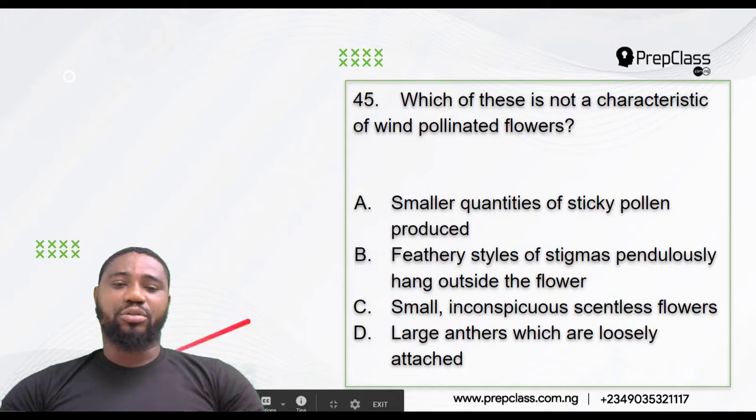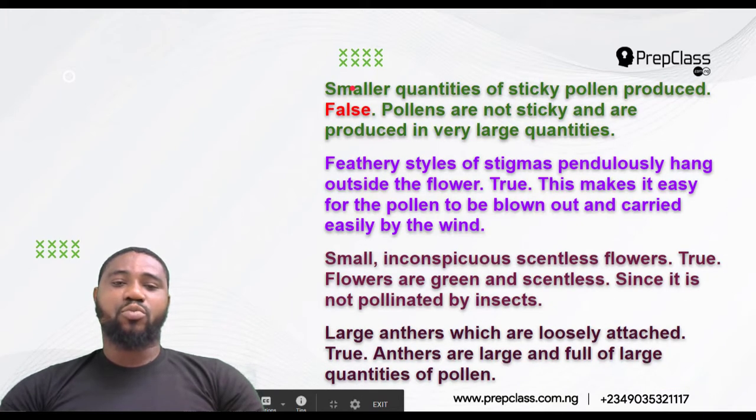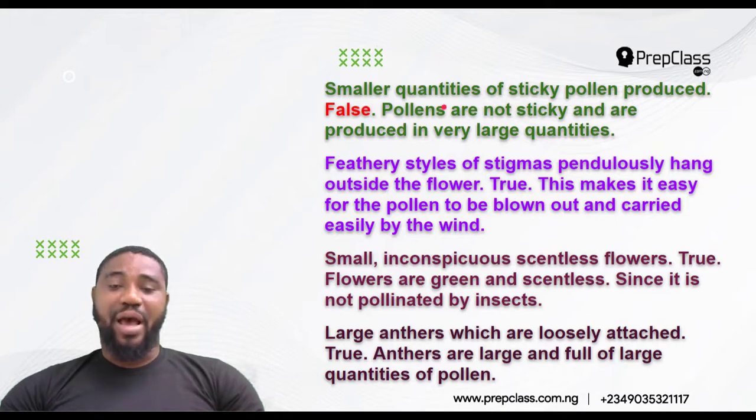So the first option said smaller quantities of sticky pollen produced. This is false, because pollens that are produced by wind-pollinated flowers are non-sticky and are produced in very large quantities. Do you understand?